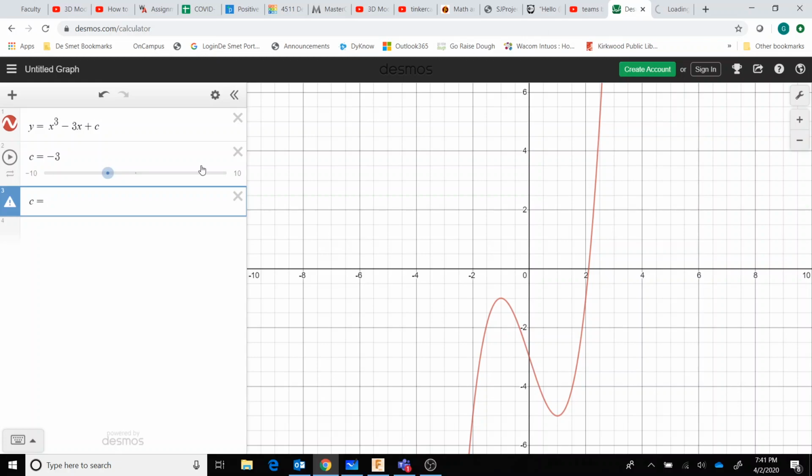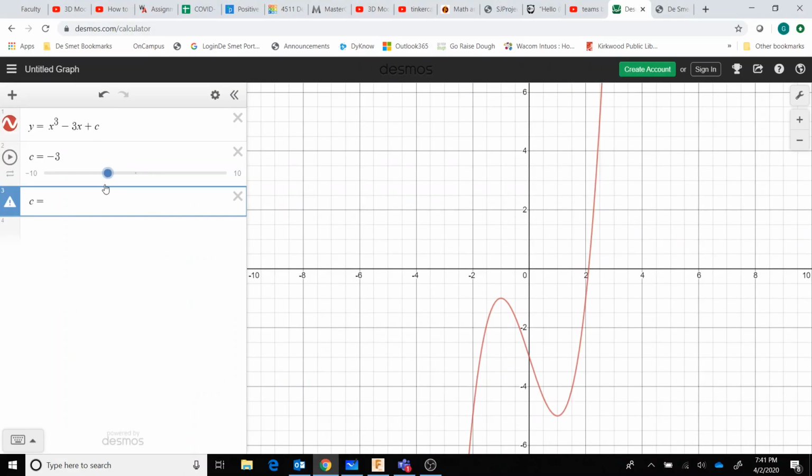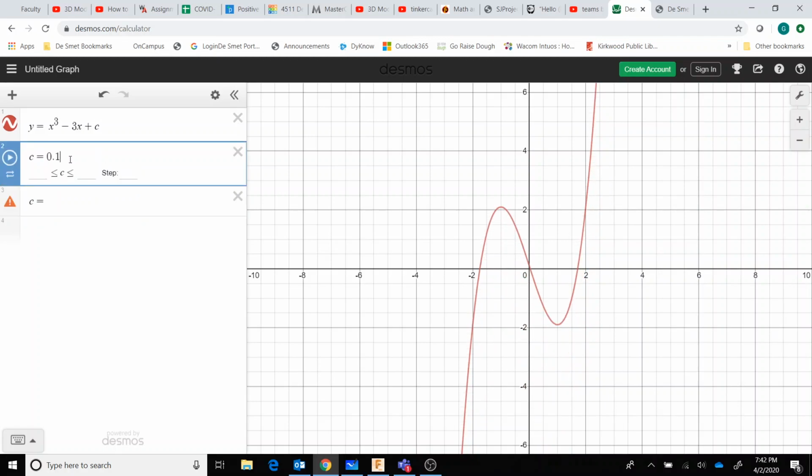If I come out here and look at Desmos, here is my problem that I had. Remember, we had x cubed minus 3x plus C, and I've got that right here. And C could be anything. If C is 0, and I've got a little slider set up here, this would be the solution.